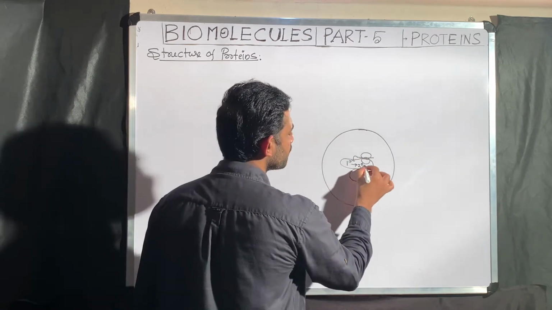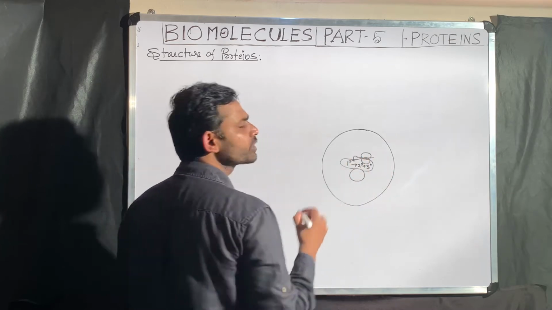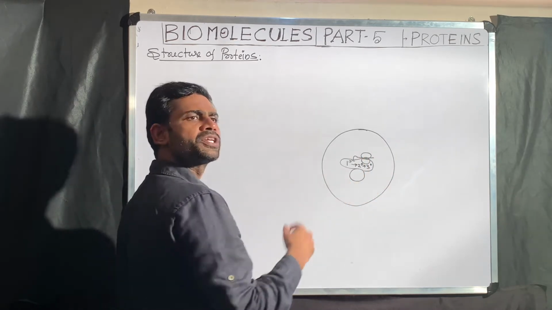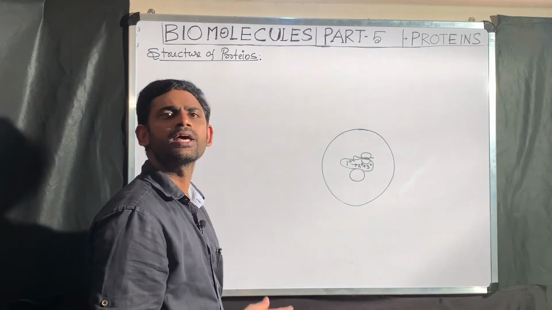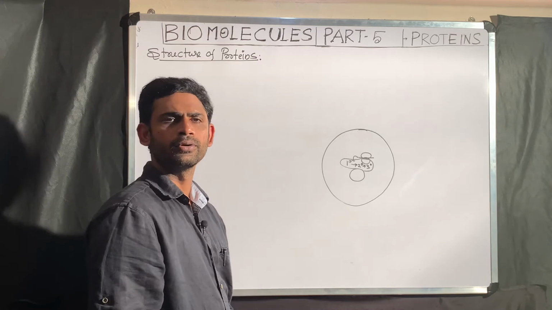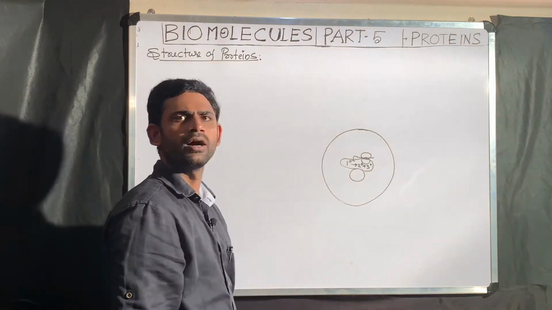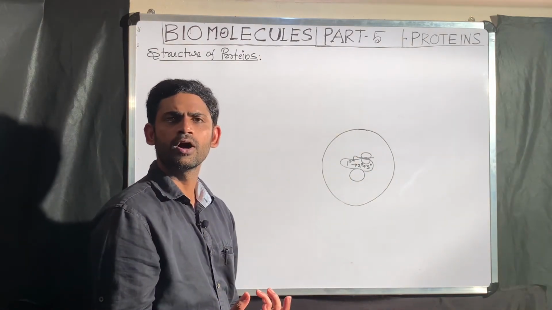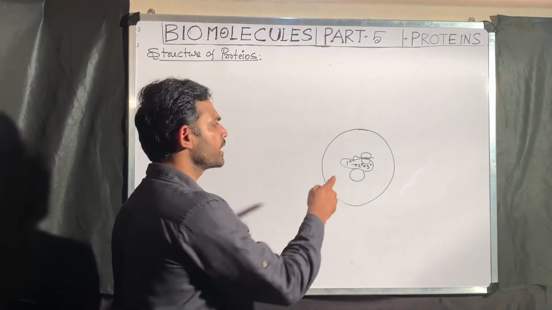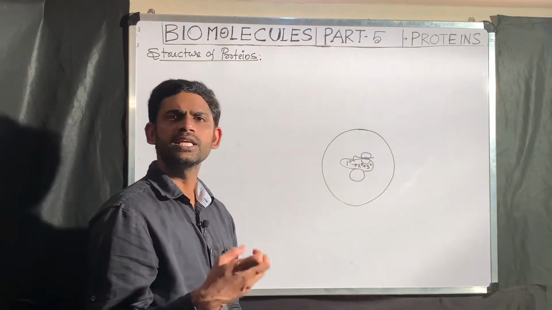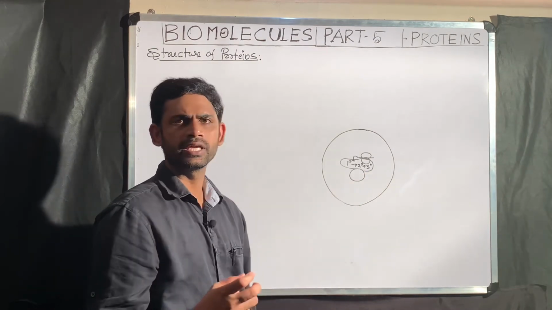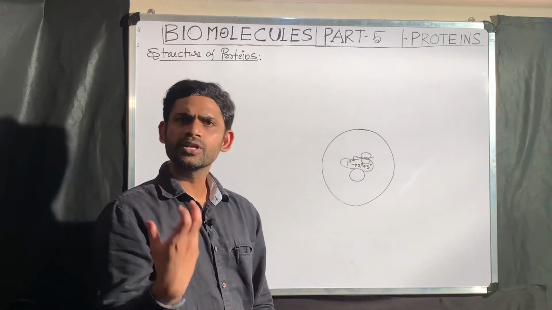Once the primary structure is formed as a result of its synthesis, primary structure must convert into secondary. Secondary structure must convert into tertiary structure. This conversion, primary into tertiary structure, is called protein folding. Why that protein folding, you know? Tertiary structure is the most stable form of protein structure. When I say that itself, you can understand primary structure is the least stable. Otherwise, tertiary structure is the functional form of protein.